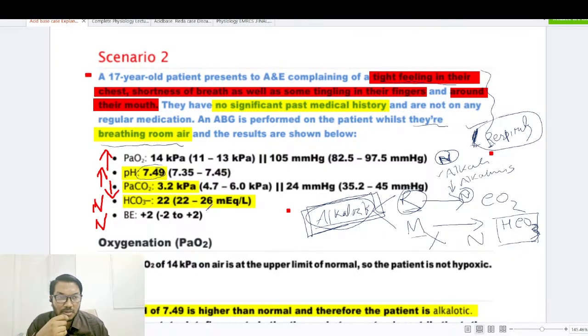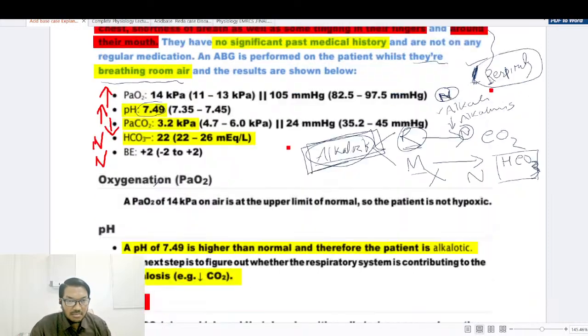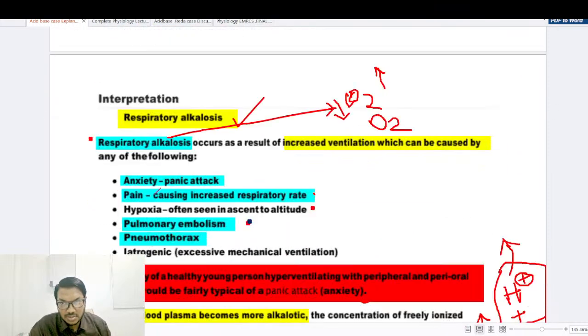Because bicarb is normal, the metabolic system is not taking any part. From many directions we can go to the diagnosis: from the carbon dioxide level, from the bicarbonate level. See here, this is respiratory alkalosis because pH was high, PCO2 was low, and bicarb was normal.